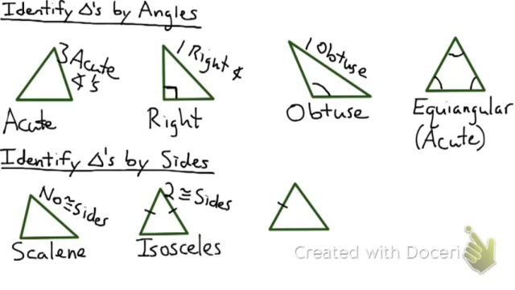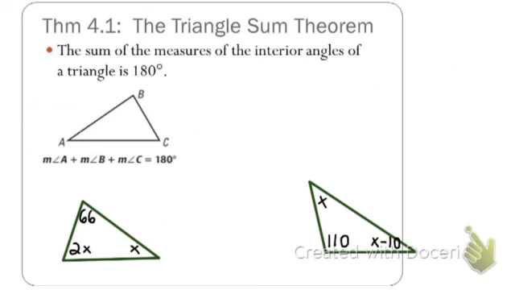And lastly, when all three sides are congruent, we call that equilateral. So, those are how we can identify.